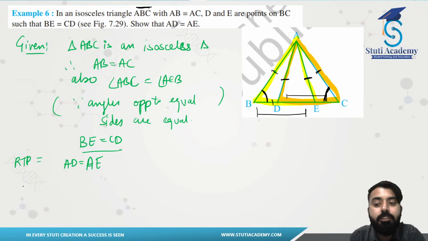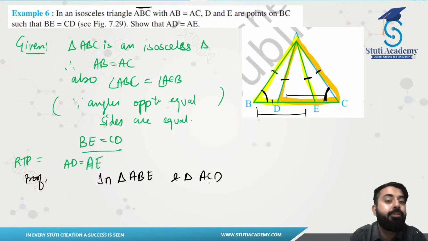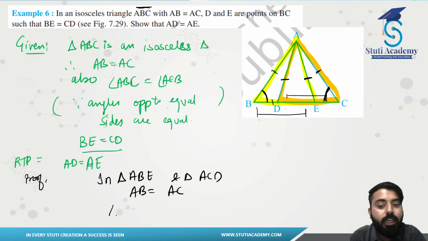So let me just change the ink. So proof. So we are going to take what? We are going to take two triangles, triangle ABE and triangle ACD. We have to take these two triangles. Now guys, see, I already know AB is equal to AC. I know angle ABE equals angle ACD, right?